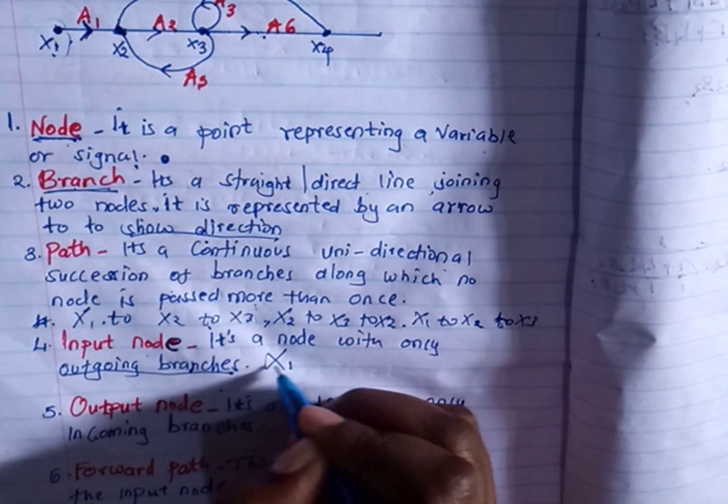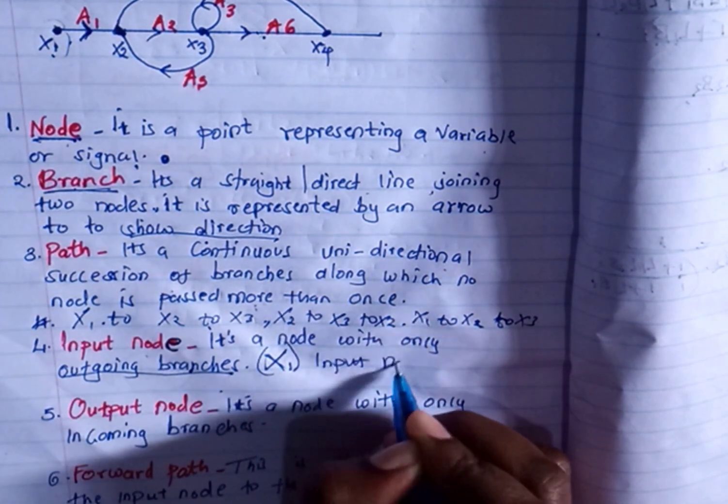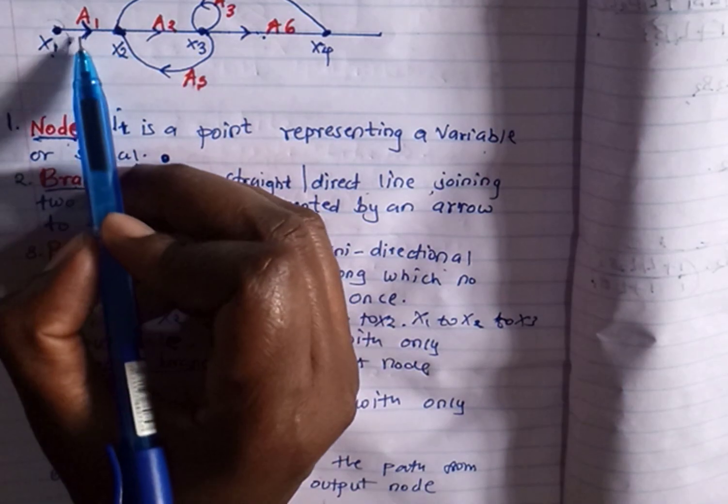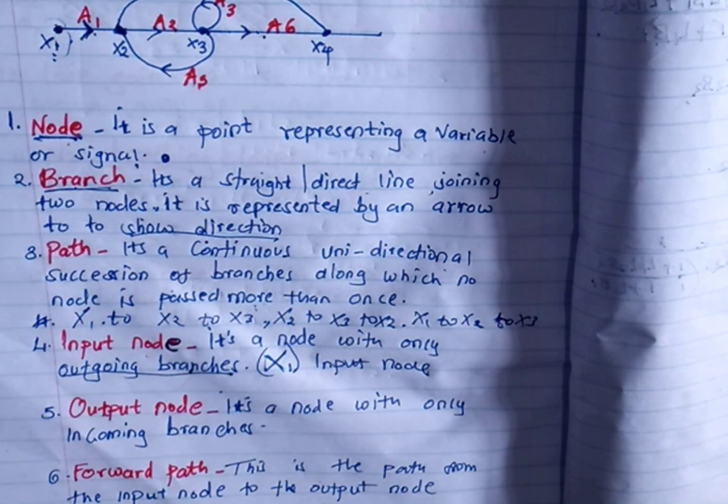So x1 is my input node in this case, because all the arrows are coming out from x1.